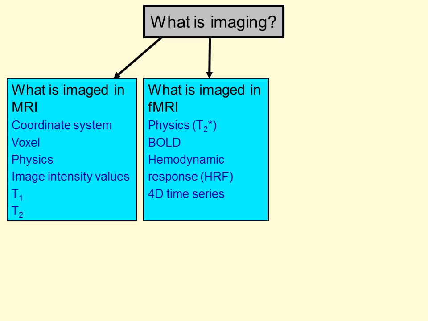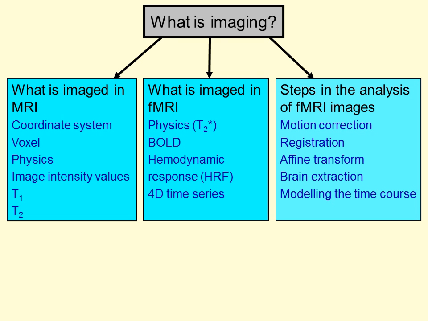And we'll introduce the concept of a time series of data in which there are three spatial dimensions plus the fourth dimension of time. And then we'll also briefly today have a look at the steps in the analysis of fMRI images.